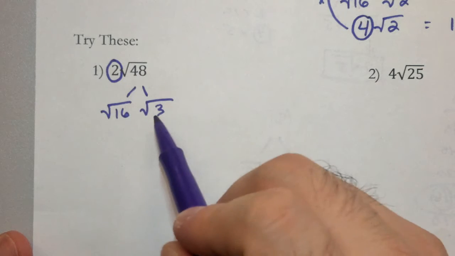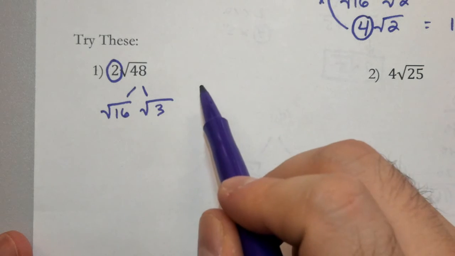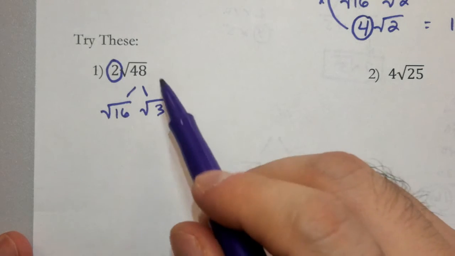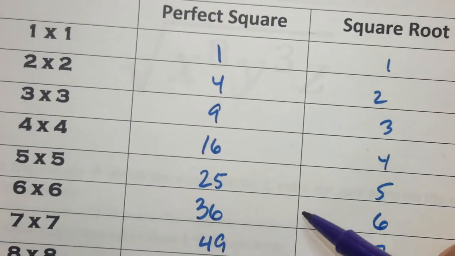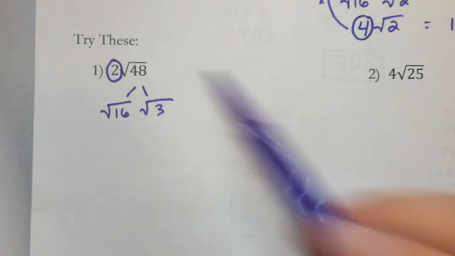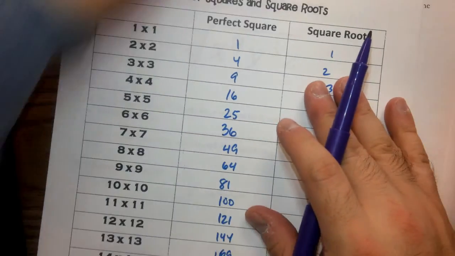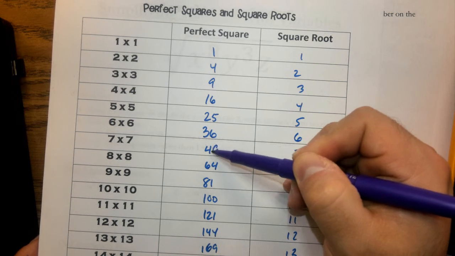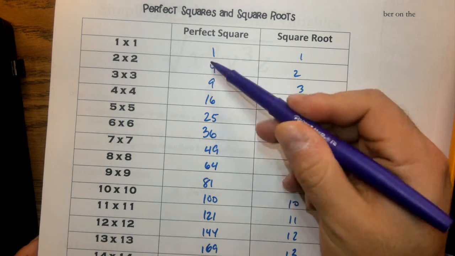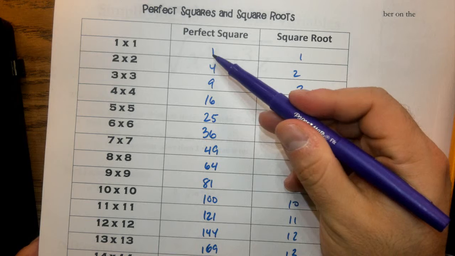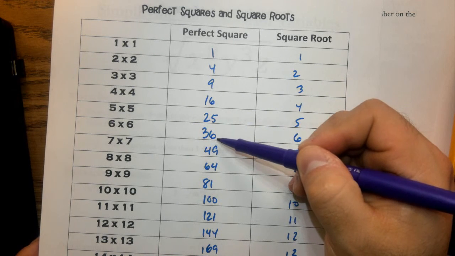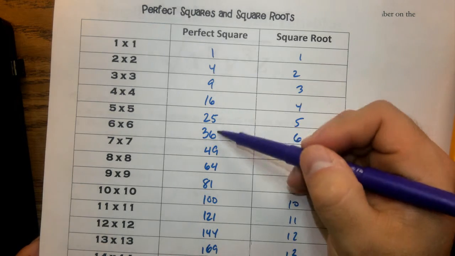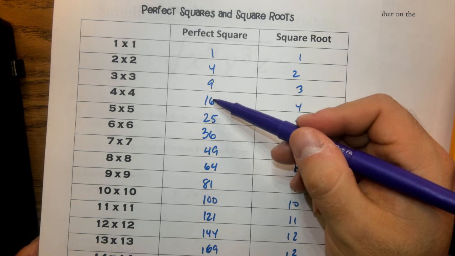Now I'm doing this quicker than maybe you would, because I just know these numbers in my head, but you can also just rely on your list and start dividing out and see which one works. Since it's 48, you're basically just going to try to find 48 on your list, and this is 49, so this is too big. So from here down, you would just keep dividing until you find the number that works. You want to work your way from the top of the list to the bottom, because the first number that works would be your largest perfect square.